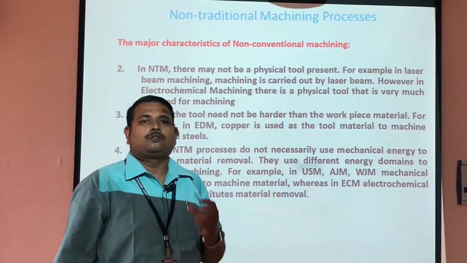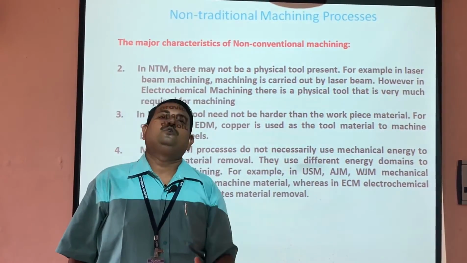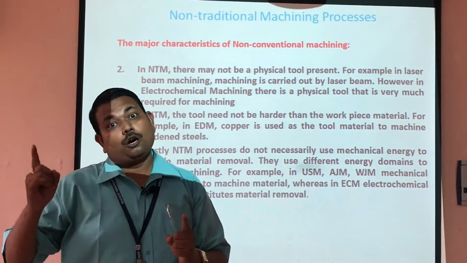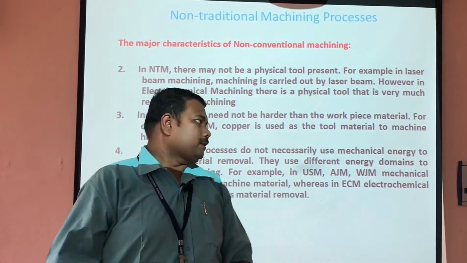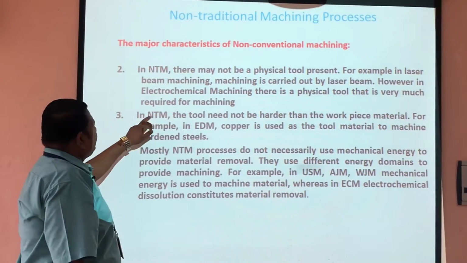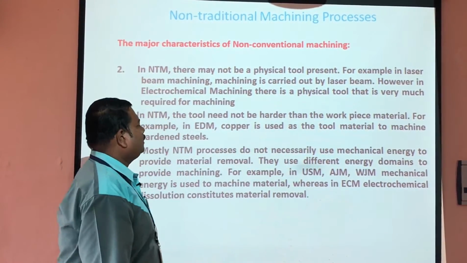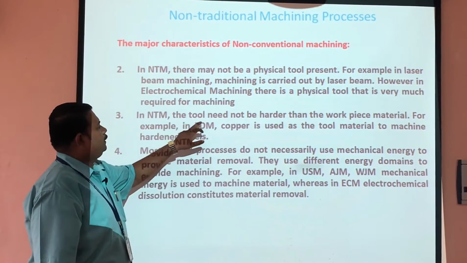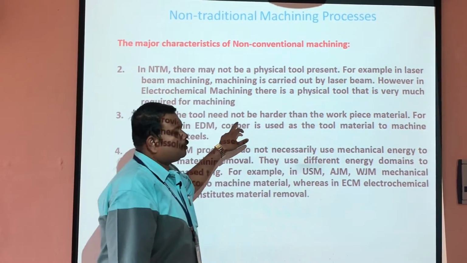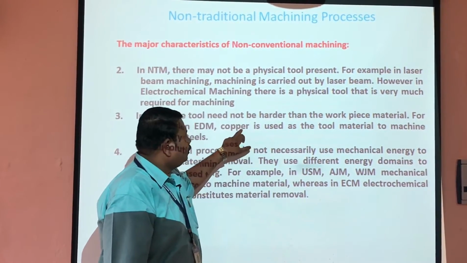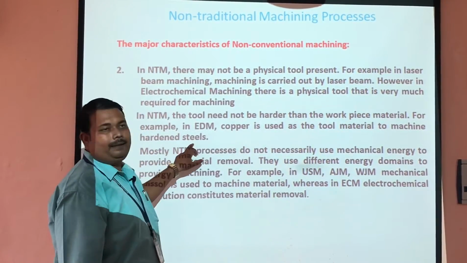But in some cases the physical tool is present, but that should not be harder than the given workpiece. Next, in NTM, the tool need not be harder than your given workpiece, as I have already discussed. Example, in case of EDM, we are using copper as the tool material to machine hardened steel.